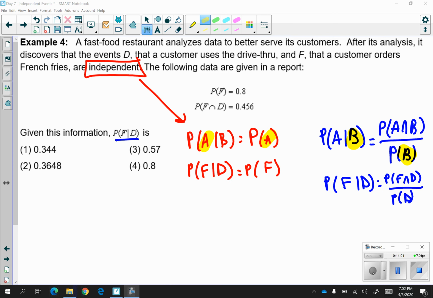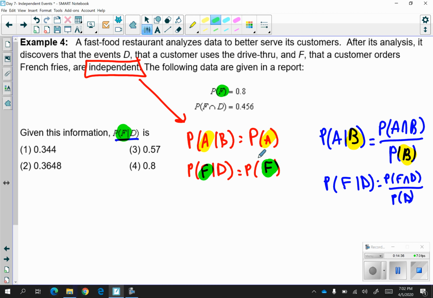The whole point of this problem is to try and trick you with which one you should be using. Now, look at what they gave you: the probability of F. In the question, F comes first. So they're giving you the probability of what comes first, and that matches with the independence formula because what comes first has to be by itself.